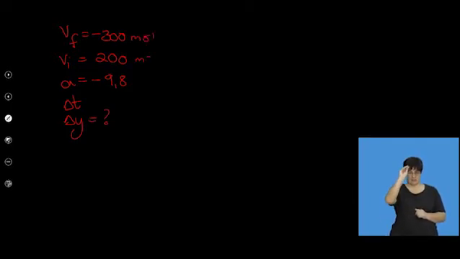Here, we now need to make a decision as to which equation we're going to use. I can't use any of the equations that have time in them. So I can't use vf equals vi plus a delta t. I don't know t. I can't use delta y equals vi delta t plus a half a delta t squared, because it has t in it.